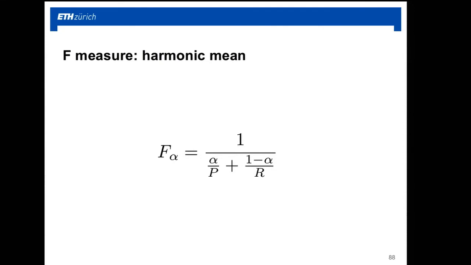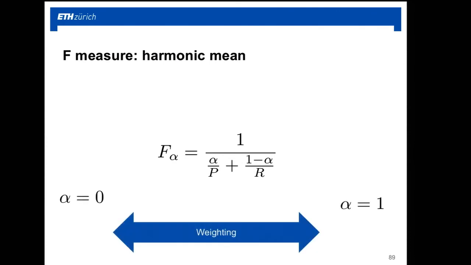Anyway, this is just a special case of weighting because we actually can change the weight alpha. You can weight the precision and the recall. And depending on the value of alpha, you can say, I'm more interested in precision, or I'm more interested in recall. So if alpha equals 0, plug it into the formula.